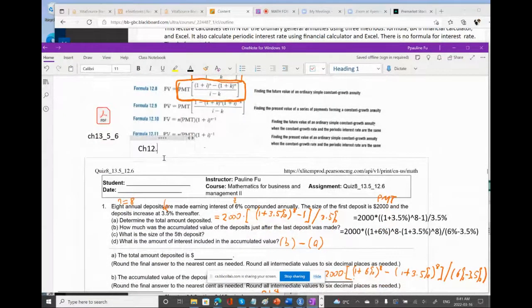We did section 12.6, constant growth annuity. And then we did chapter 13.5. That is perpetuity. Perpetuities.